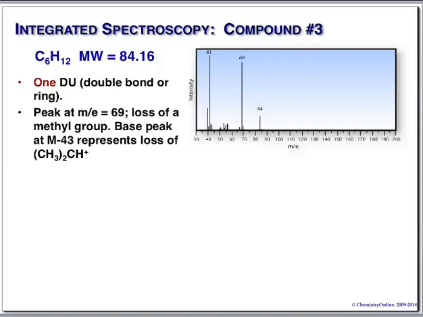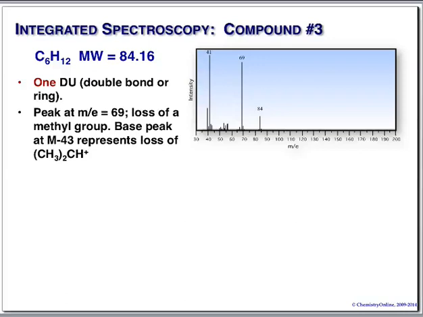It's 43, isn't it? So this is an M minus 43. I told you these are very common. So our molecular ion is losing either a propyl ion or a 2-propyl group. We don't have an oxygen, so it's a 2-propyl carbocation.